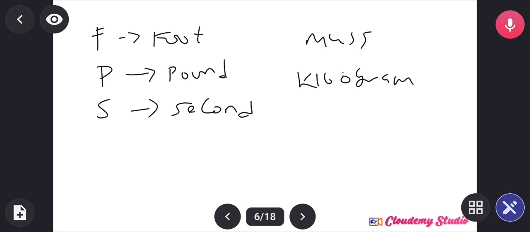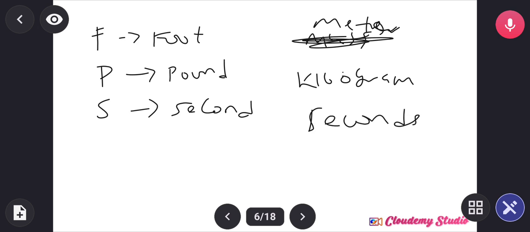Sorry, I made a mistake here. For MKS, that is meter, which is length, kilogram, which is for mass, and seconds, which is for time. So we have mass, length, and time, right?